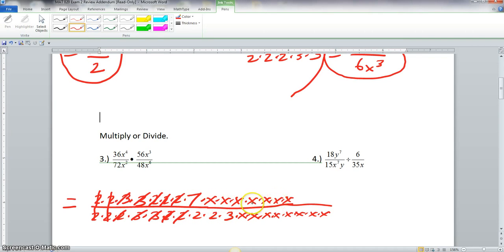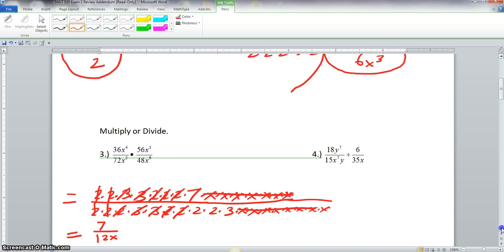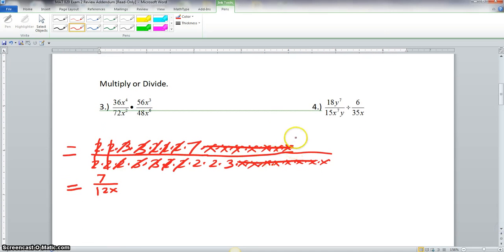We have 7 x's here, and we have 8 x's here. So we have 7 x's that are in common. Now our final answer, our numerator would just be 7, and our denominator would be 2 times 2 is 4, times 3 is 12, times this x, so it would be 7 over 12x. And that would be the final answer for that problem.